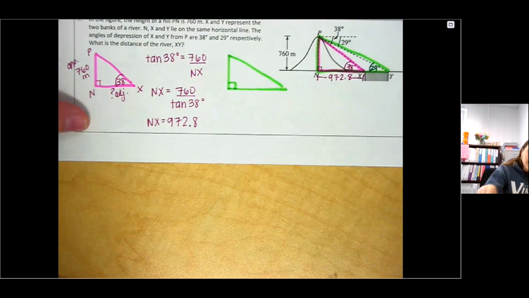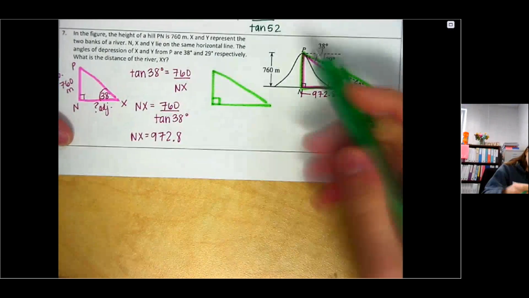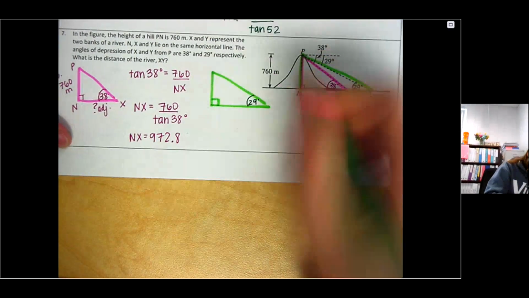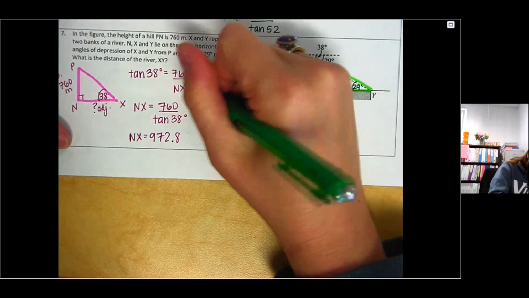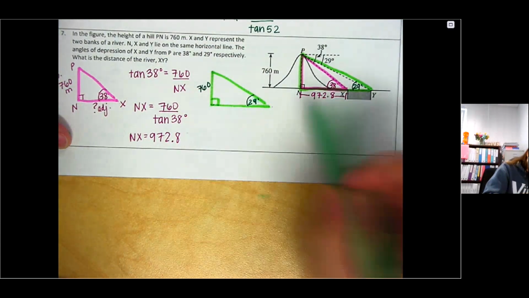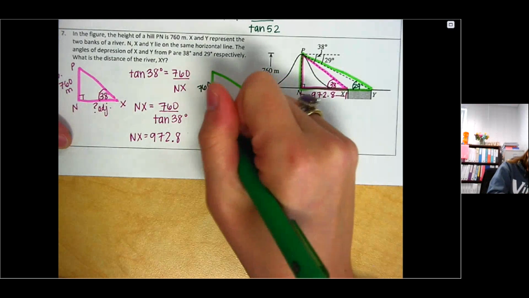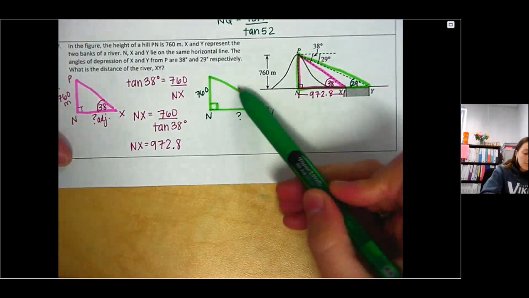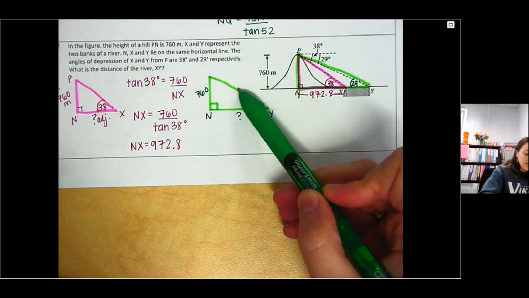Again, I'm drawing them separately. So I've got this angle down here is 29 degrees, my reference angle. This side is still 760, that hasn't changed. And now I'm trying to find this distance here, from N to Y. That's the distance I'm looking for. So I don't have a height because there's nothing across from the 90.